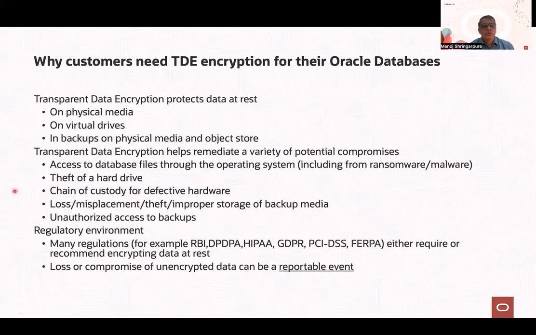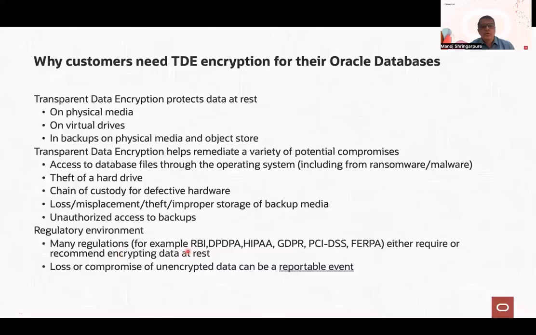If you lose your hard drives, or a hardware fault occurs and your hard disk goes as part of that defective hardware, you lose your backups. You lose your tapes. Backups could be restored if someone gets access to your RMAN files or export dump files. Again, key regulatory guidelines, take any global guidelines, GDPR, PCI DSS, all mandate encrypting at rest.